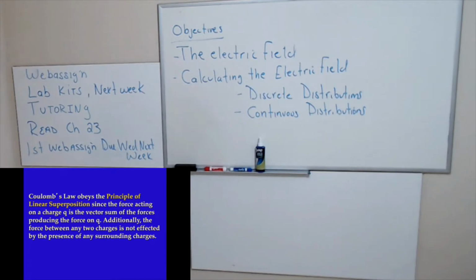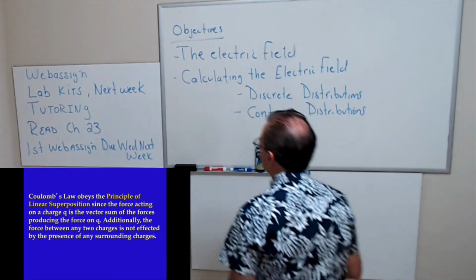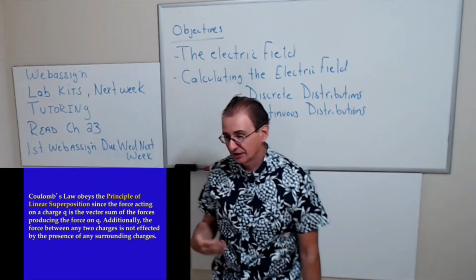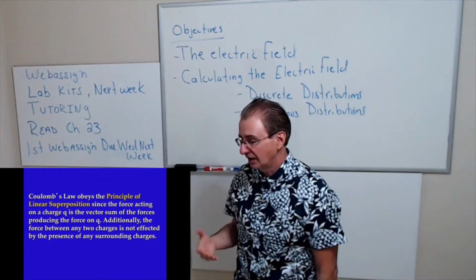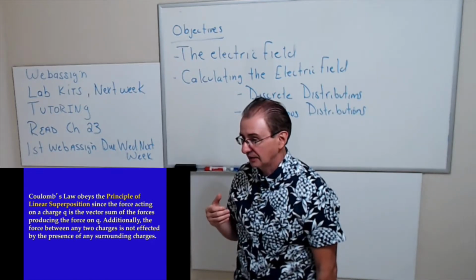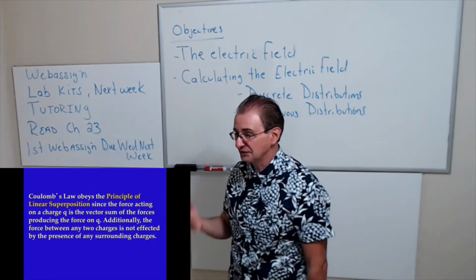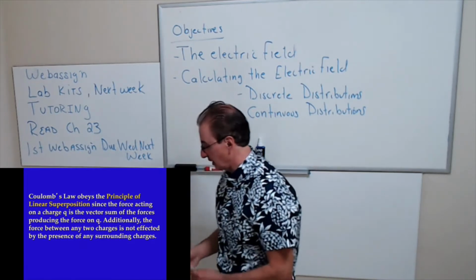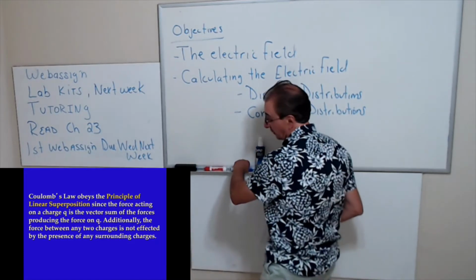Just a couple of reminders that I have up on the board. WebAssign. I created a new WebAssign class, so you might see on your Canvas twice as many assignments. The new one has the correct textbook. I still haven't gotten a response from WebAssign regarding my inquiry the other day.